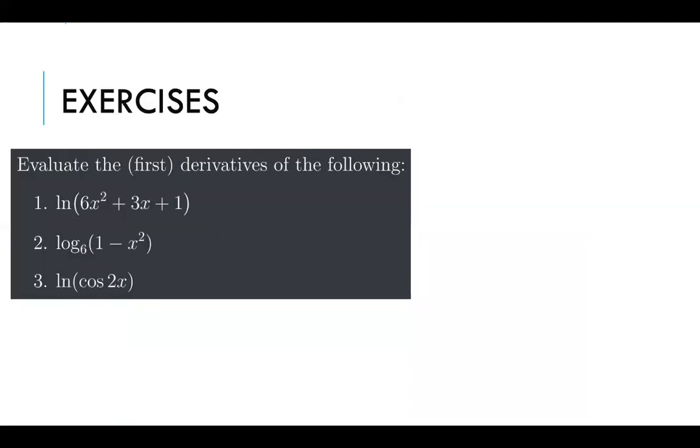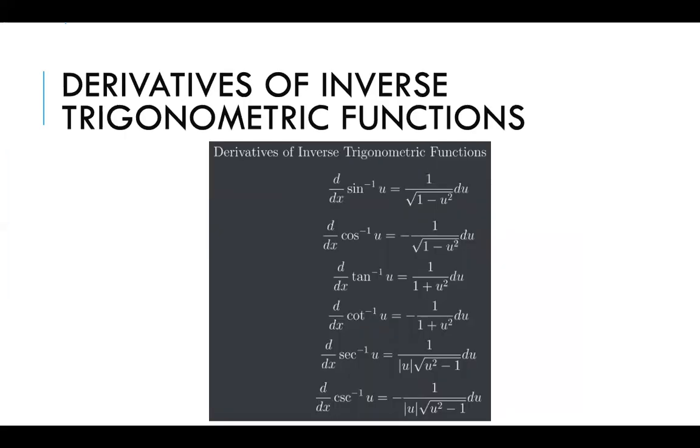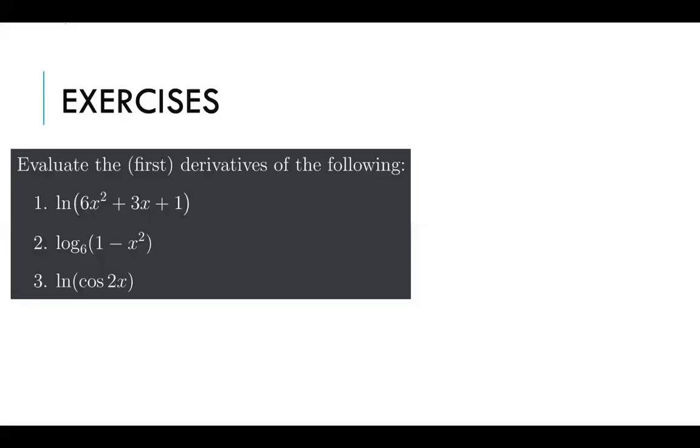Now, here are some exercises. You can do 1 and 2 for yourselves, but I will try to answer number 3. So we try number 3, which is the natural logarithm of cosine 2x.